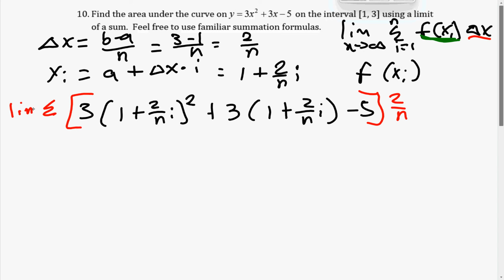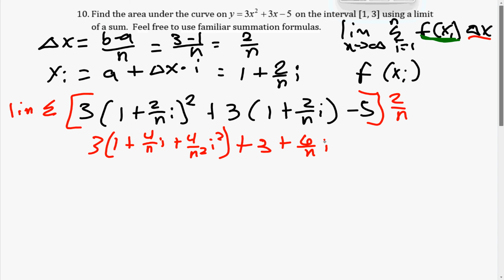So I just simplify it first, right? So I got to FOIL this out, okay? So that is 1 plus 4 over n i plus 4 over n squared i squared, and then distribute that 3. I get 3 plus 6 over n i minus 5. Okay, and still taking the sum eventually, and still taking the limit eventually.